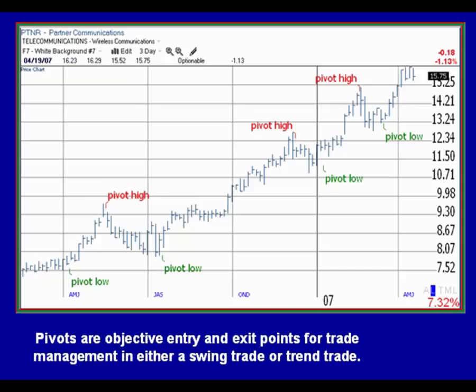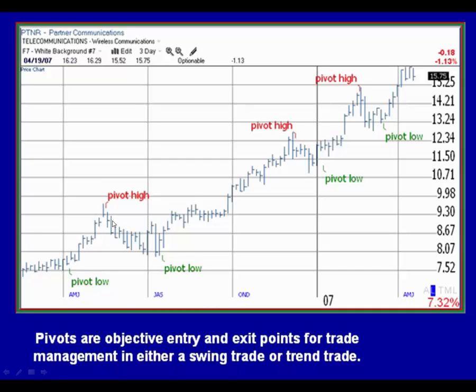So pivots are objective entry and exit points for trade management in either a swing trade or a trend trade or day trade. But again, we're going to be more directionally oriented in what we do. So simply, trend trade up, pivot highs, pivot lows. We're going to be entering on a pivot low. One of our exits, somebody asked me today about where do we look for exits?